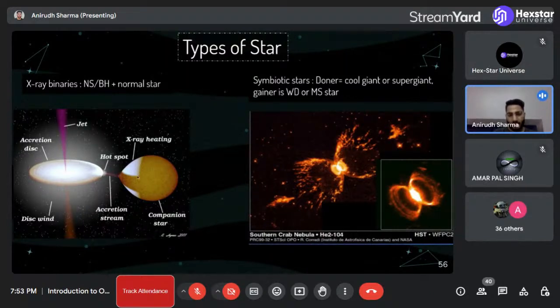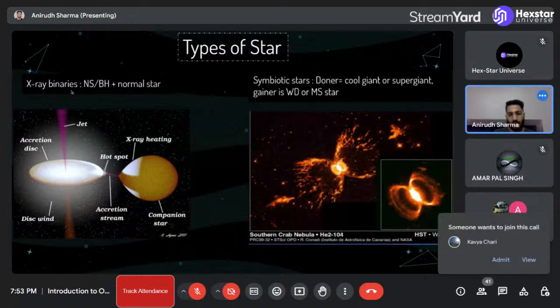And while this region is getting hot because there is obviously the star's own temperature that is too hot, and then there is the accretion disk which is getting hot because of the dust particles or the atoms that are colliding with each other, this region becomes very hot and x-rays are emitted from it. Because the x-rays are emitted, they are called x-ray binaries.